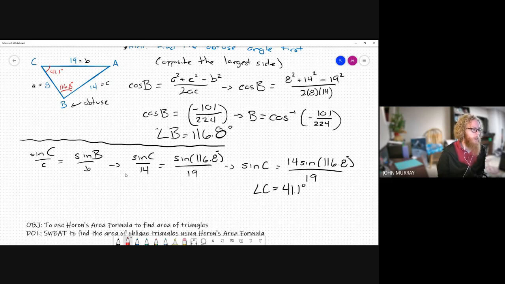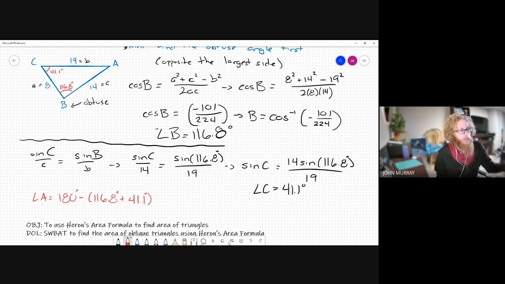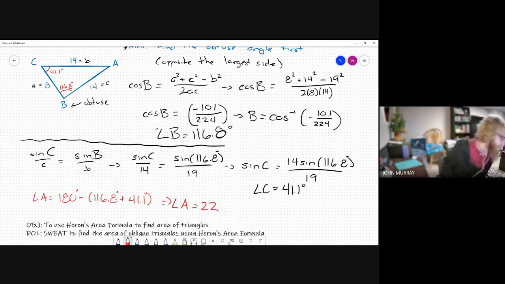And then for our last angle A, I could just do normal angle addition. So I would add 116.8 and 41.1, subtract that from 180, and I get angle A is equal to 22.1.